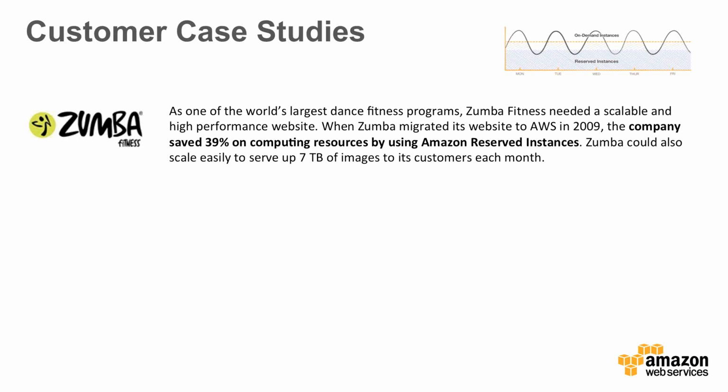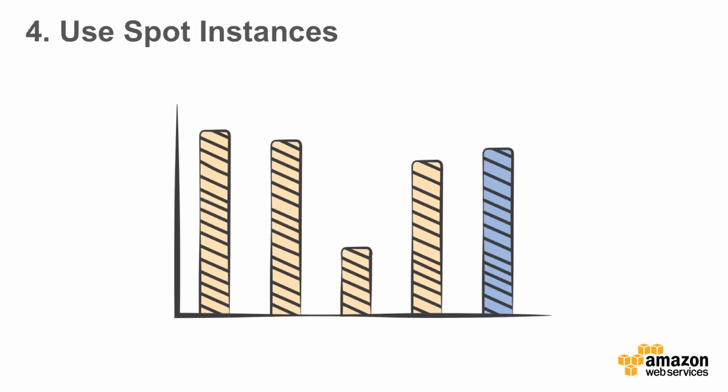And the next one is a use of spot instances. So spot instances allow you to essentially name your price for the Amazon EC2 computing capacity.